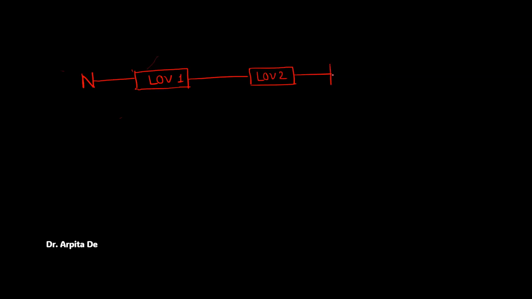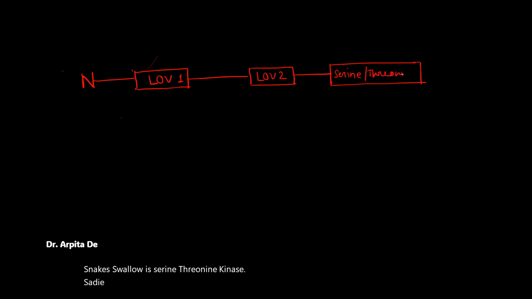Next one is serine threonine kinase. This is the C terminus. Here. Now, this is your FMN, which will be here.